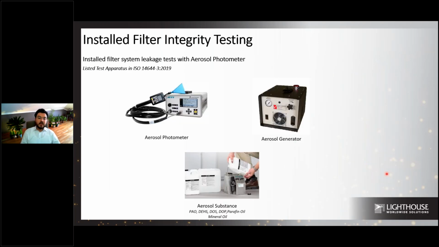Next, let's start with the aerosol photometer method description. As listed in the test apparatus part in ISO 14644-3, we have our aerosol photometers with an aerosol generator and suitable aerosol substances, which could be polyalphaolefin, DOS, DOP, paraffin oil, or mineral oil, depending on your application.